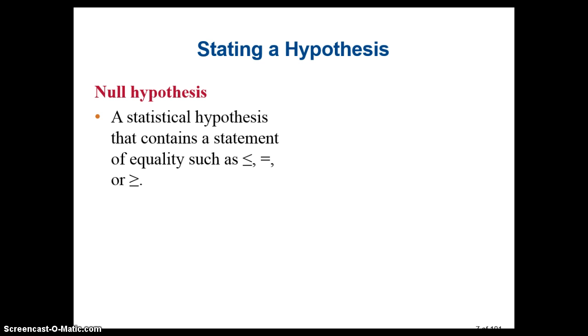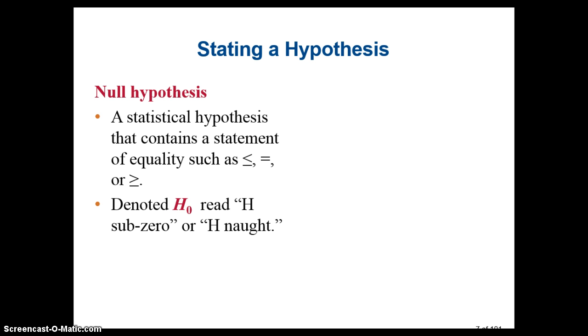If you're trying to distinguish a null hypothesis from the alternative, which I'll show later, your null hypothesis will always be either less than or equal to, or greater than or equal to, or equals. So the null hypothesis always has an equal sign in it. If you don't see an equal sign, it can't be the null hypothesis. Always, 100%.